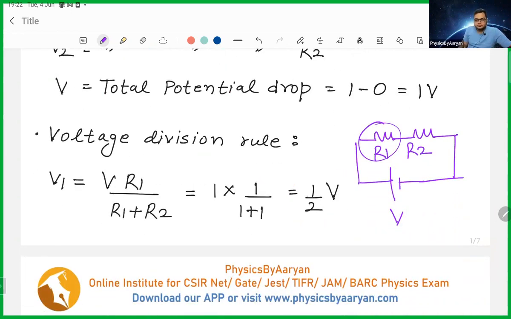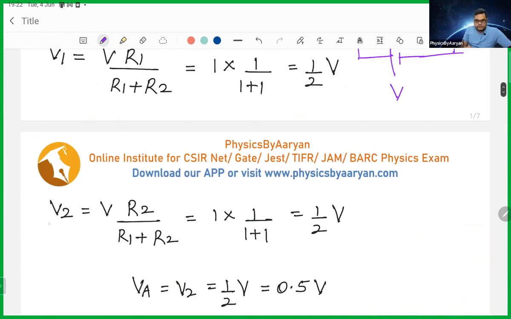Similarly, if you find the voltage across the second resistor, that will be the total voltage times the second resistor divided by R1 plus R2. So the total voltage is 1, R2 is 1, and R1 and R2 are 1 and 1. So 1 by 2 is again half volt.